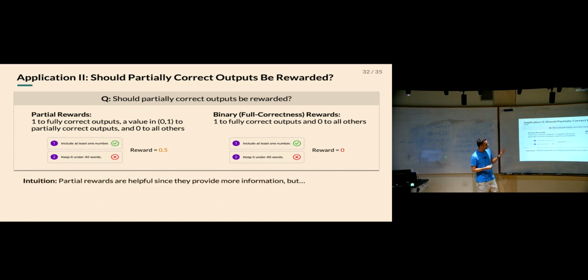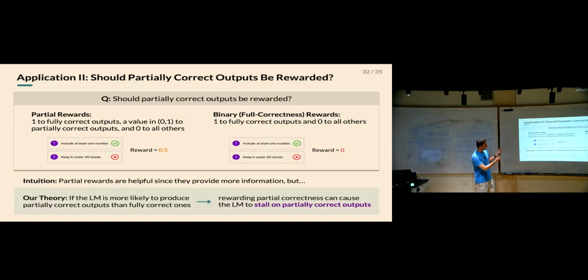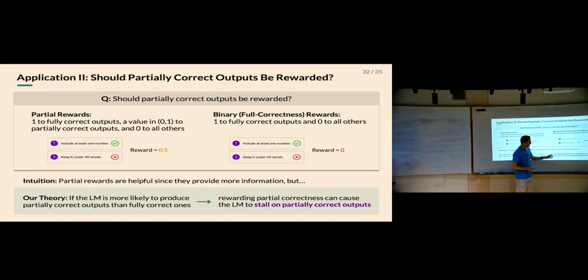Intuitively, partial rewards should be helpful because they give us more information. They tell us that maybe this output is not perfectly correct, but it got something right. But according to our theory, if the language model is much more likely to produce a partially correct output than a fully correct one, then it may actually learn to only produce these partially correct outputs.